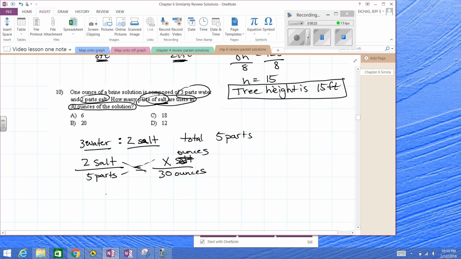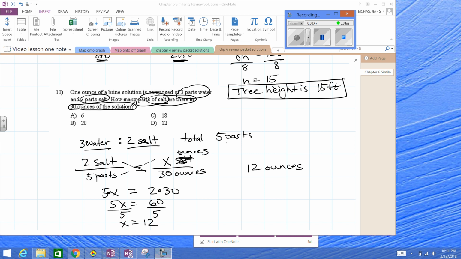Let's get rid of the units of measure. 5 times x equals 2 times 30. Now what I get is 12 ounces. But how many parts is that? I think we can go with this. So 12 ounces of salt.